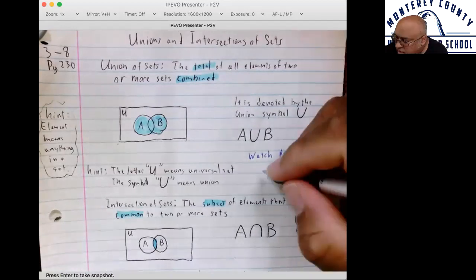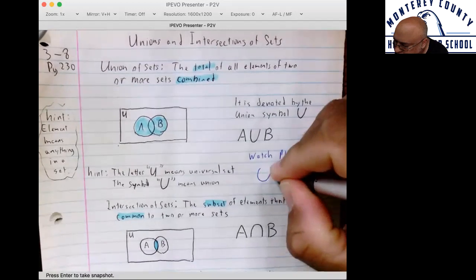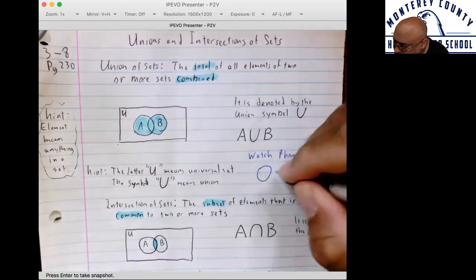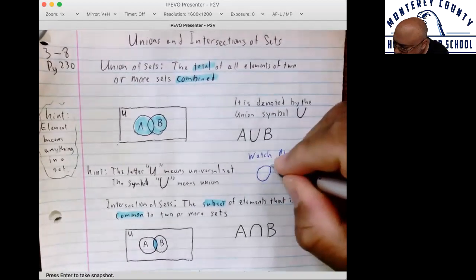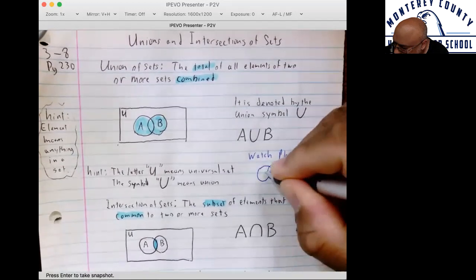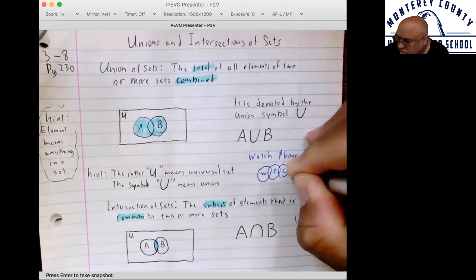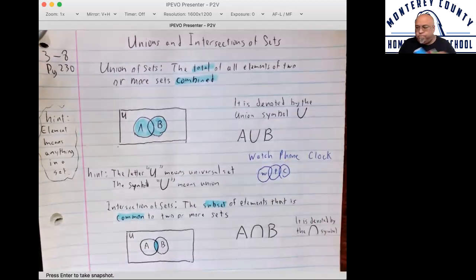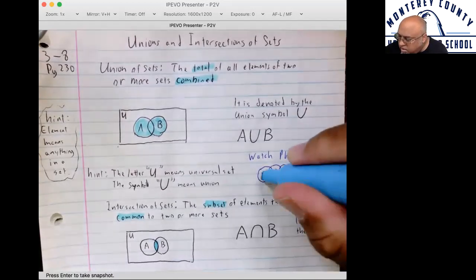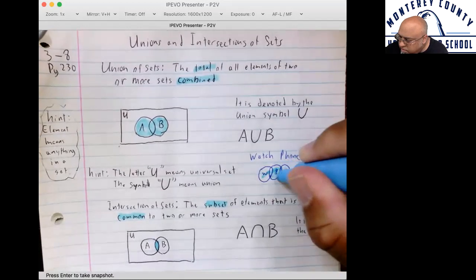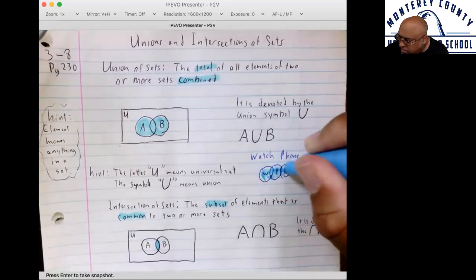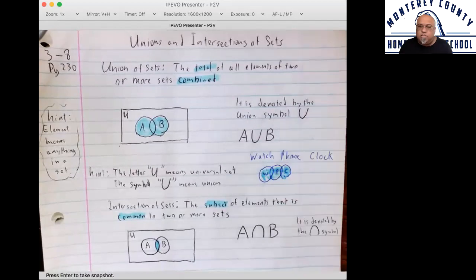So you could say it like this: watch, phone, clock. And then all of these sets, because I'm just talking about timekeeping devices, would be considered all together. The union of them is that you're bringing them all together.